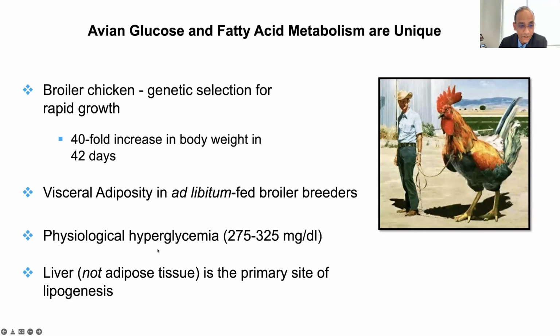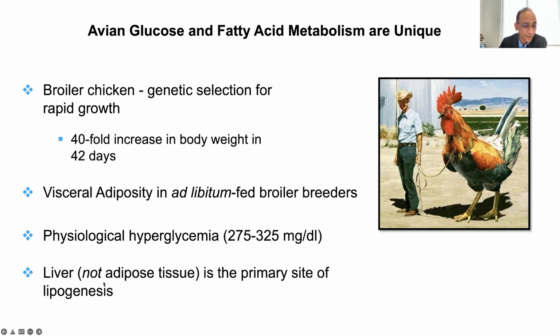And this is physiological. It's a physiological hyperglycemia. And all of this blood glucose is not necessarily coming from the feed. It is coming from the liver. The liver is making a lot of glucose from non-carbohydrate sources as well, gluconeogenesis, to maintain such a very high level of blood glucose.